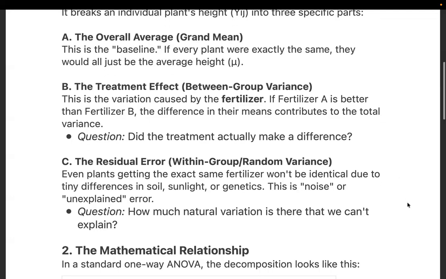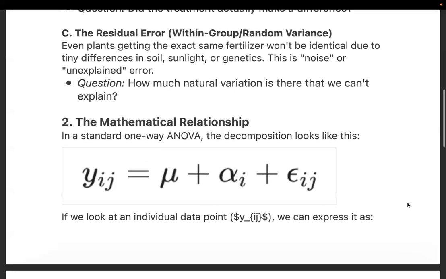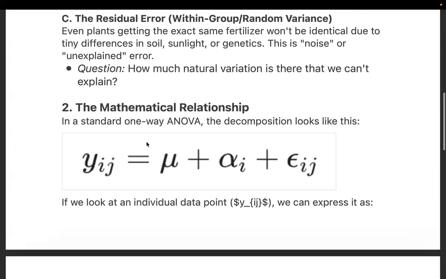Here's the standard one way ANOVA. It is one way or two way ANOVA, and we'll deal with that. Let's say something called one way ANOVA. The decomposition looks like this.